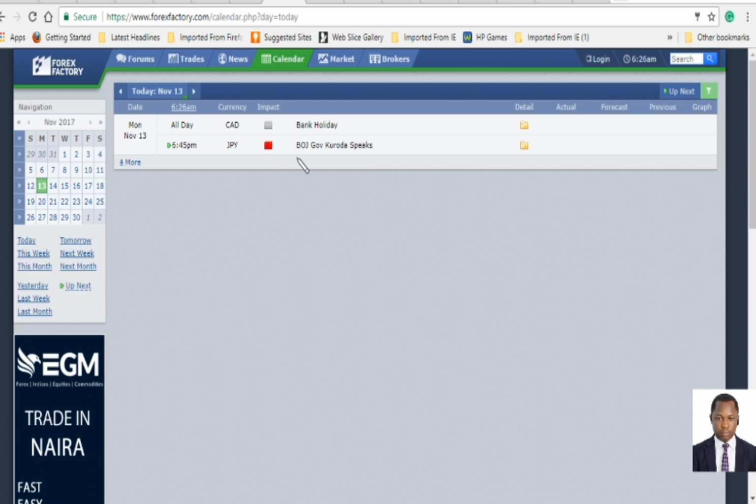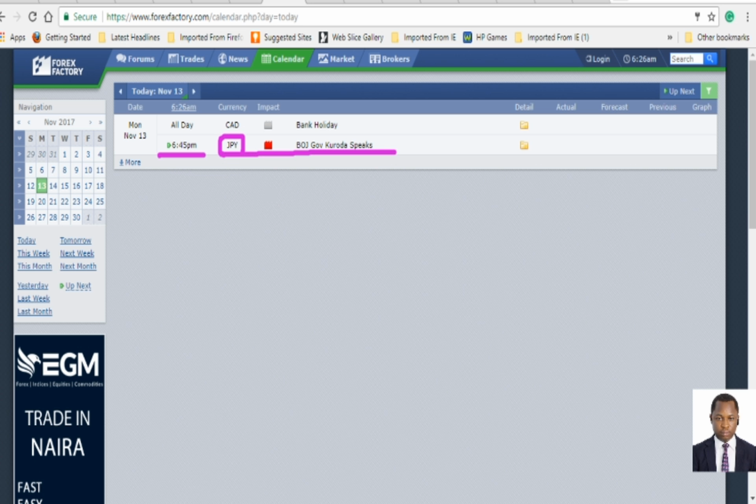Governor Kuroda will be speaking early this morning in about 12 or 16 minutes from now. That is obviously going to affect all Japanese yen crosses, and it's happening shortly.